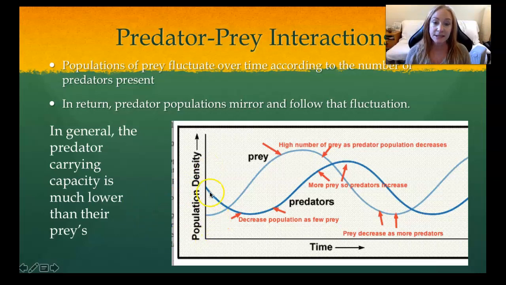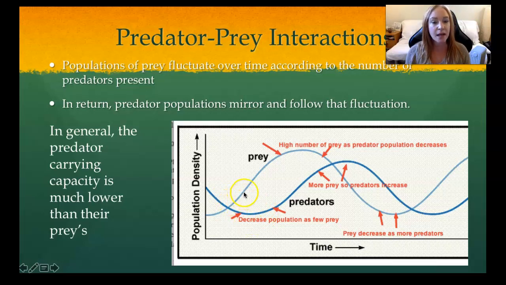But as you can see, they mirror each other. Their population sizes go in these mirrored cycles where when there is a low number of prey, the predator numbers start to decrease as well because they're not finding enough food.